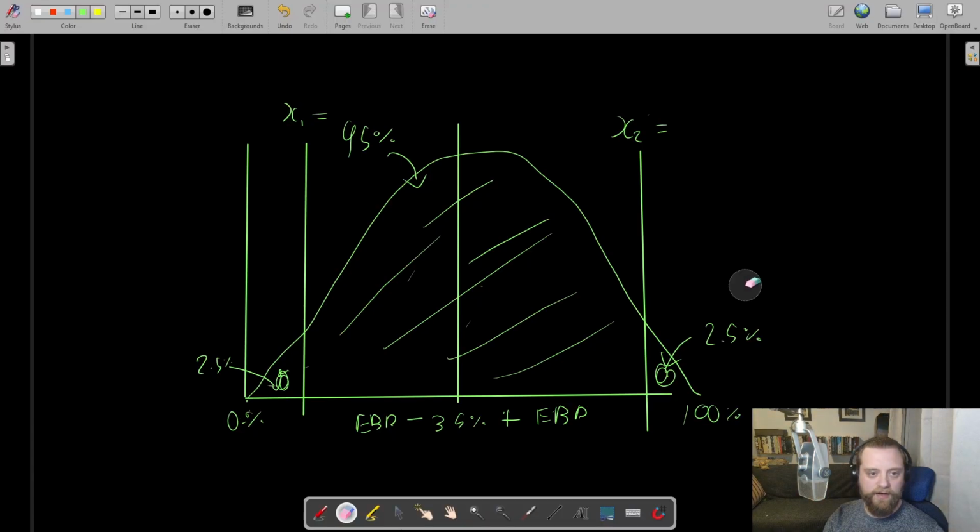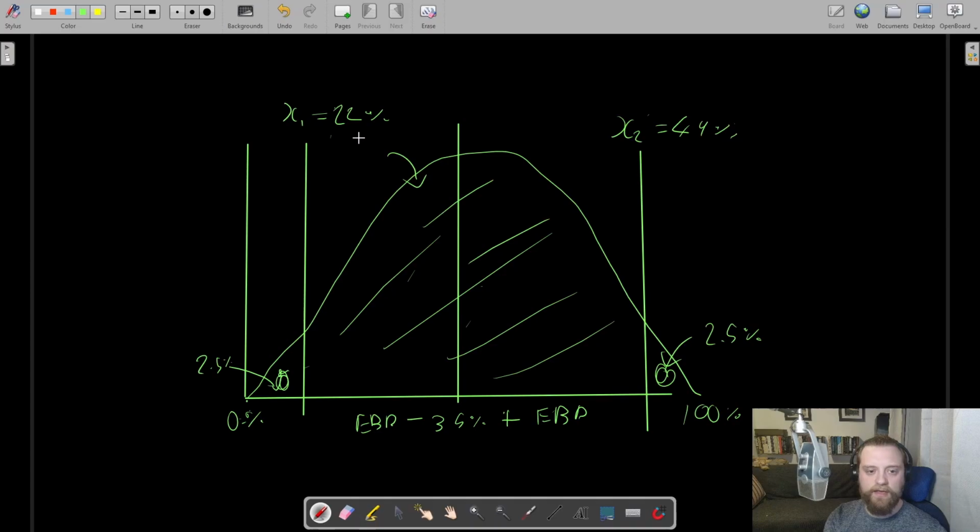So in other words, our values for x1 and x2 are 22% and 49%.